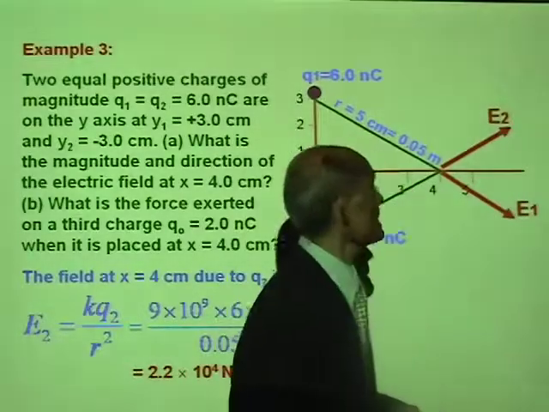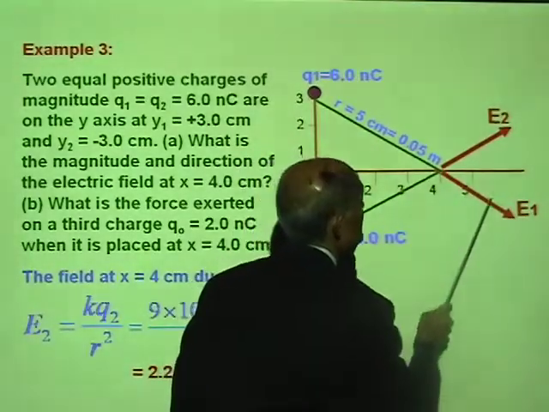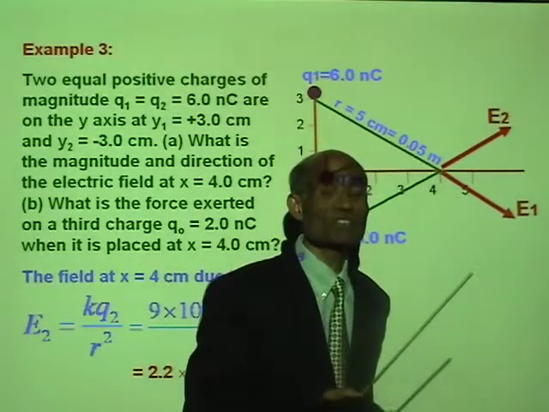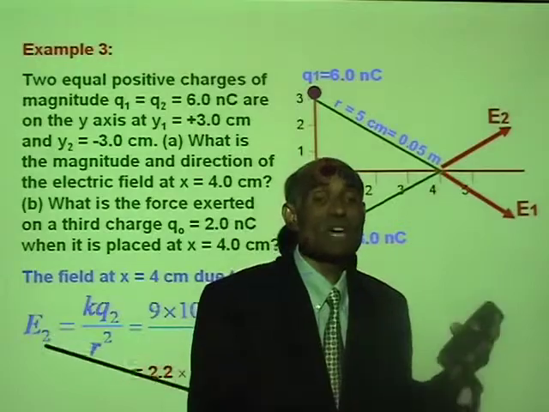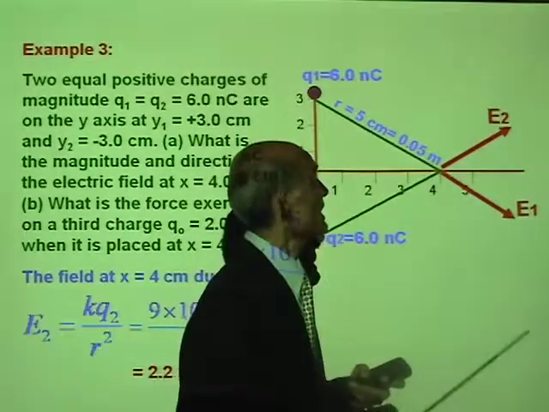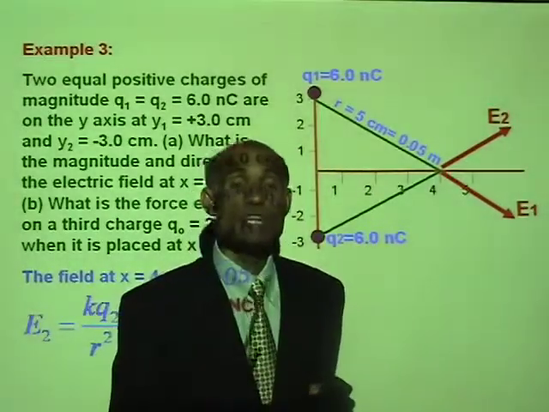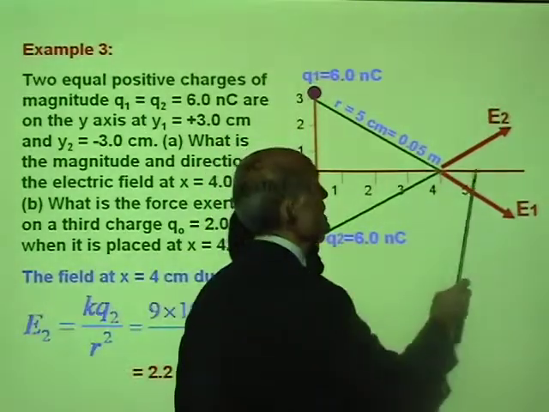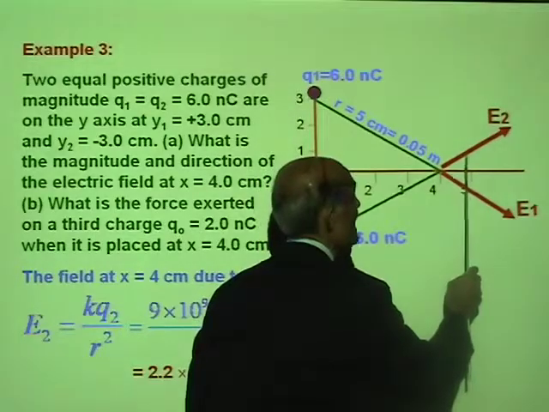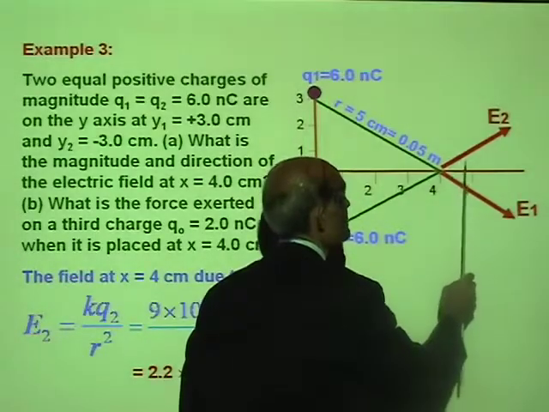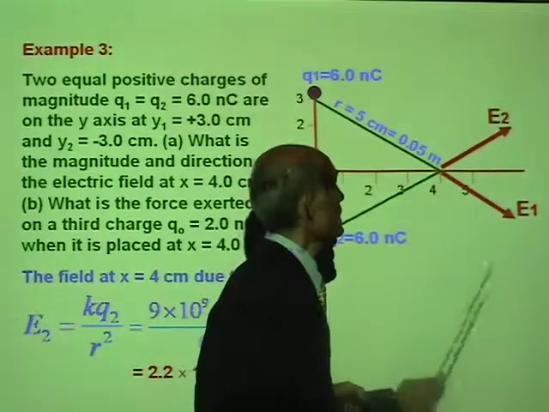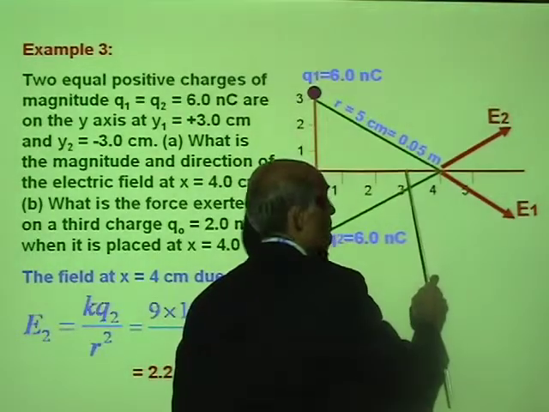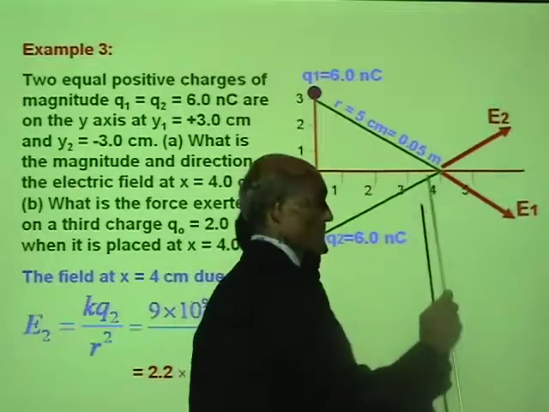Alright. Tell me, how will you add these two vectors? In order to add vectors, we first break them into their x and y components. And in order to do that, you need to know the angle the vector makes with the x-axis. Is there any easy way to find that angle? Anybody help me with that angle? Well, you should know that this angle is the same as the opposite angle, that is this angle.